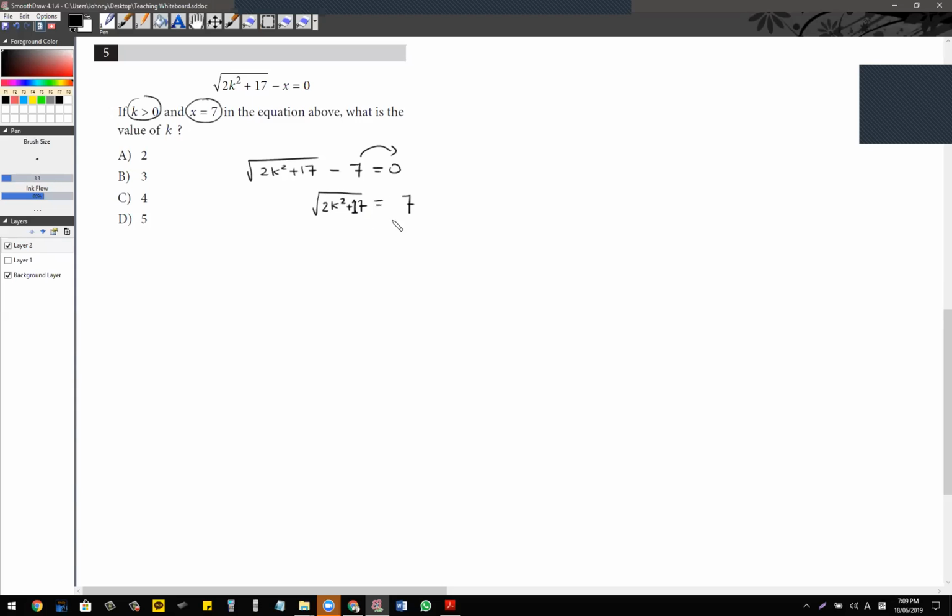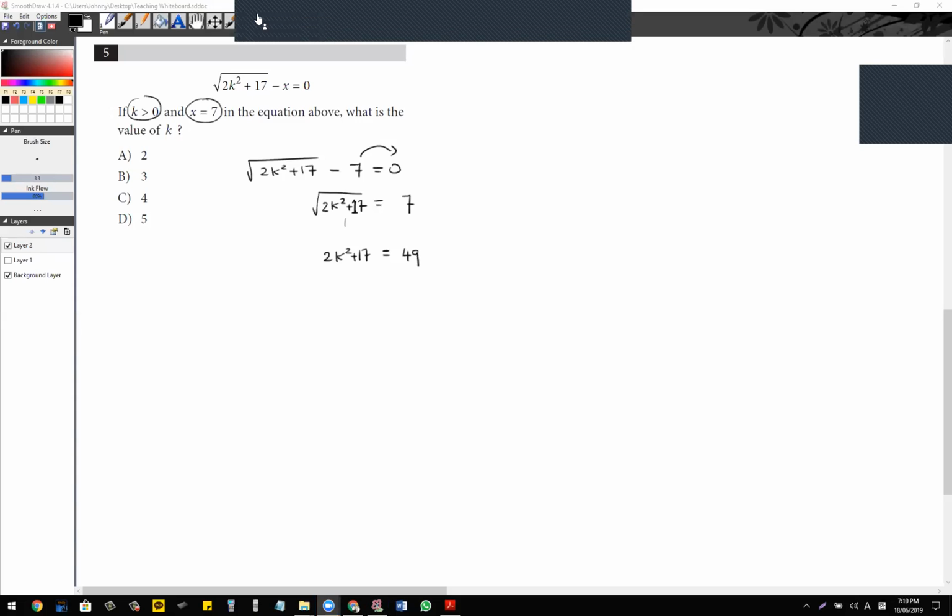So we square both sides, then what you get is 2k squared plus 17 equals 49. Does that make sense to you? Because the inside of the square root must be 49, so square root of 49 is 7, isn't it?